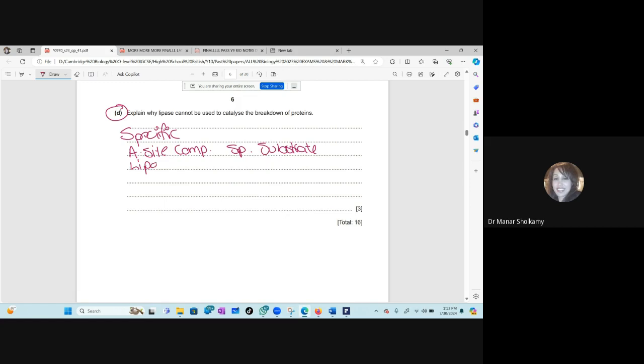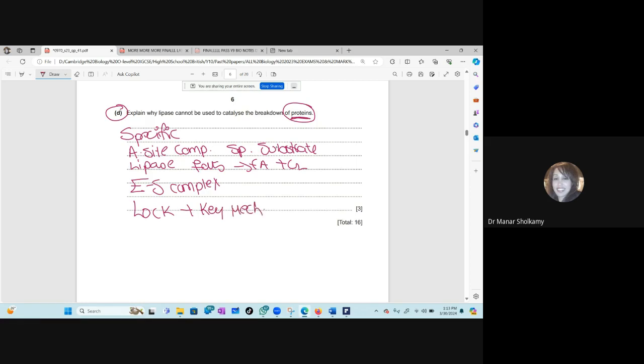For example, the lipase will only act on fats to break them down into fatty acids and glycerol. It cannot act on proteins because they have a different shape. And when the enzymes bind with the substrate, they form an enzyme substrate complex. This is not possible with lipase and proteins. This is called the lock and key mechanism.